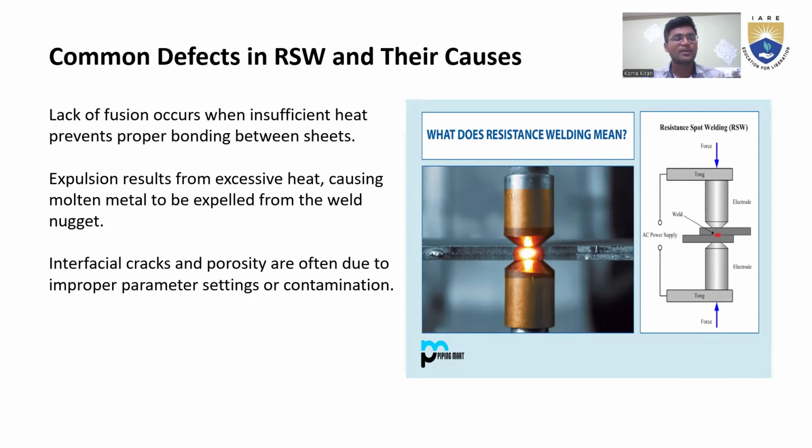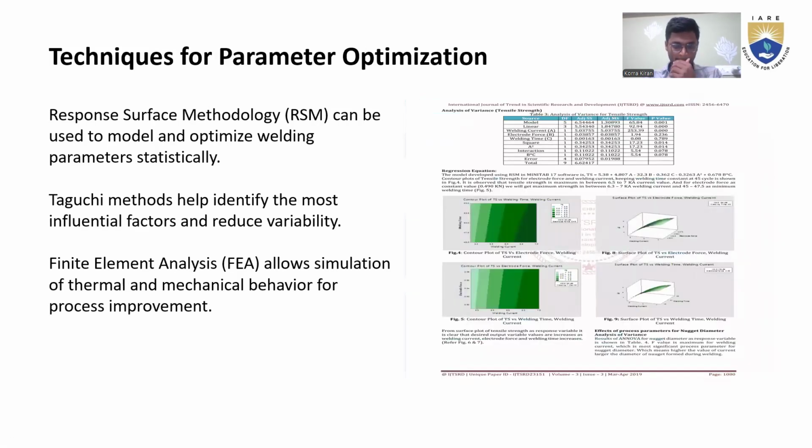Expulsion results from excessive heat causing molten metal to be expelled from the weld nugget, because overheating is also a problem. Interfacial cracks and porosity are often due to improper parameter settings or contamination.